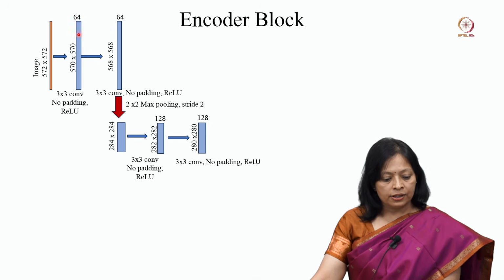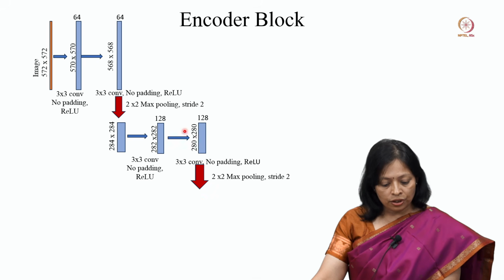Here the number of filters was 64, here the number of filters is 128, which is double of this one. Then once again after this convolution layer, we have a 2 cross 2 max pooling of stride 2, which reduces the dimensions to half, which is 140 cross 140.